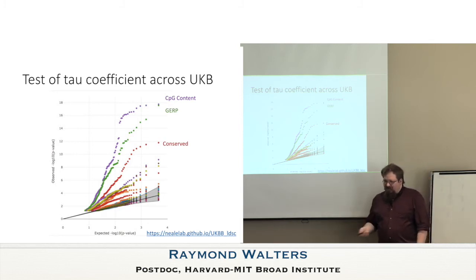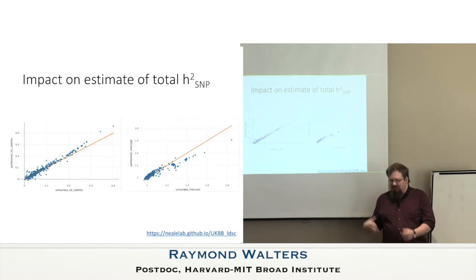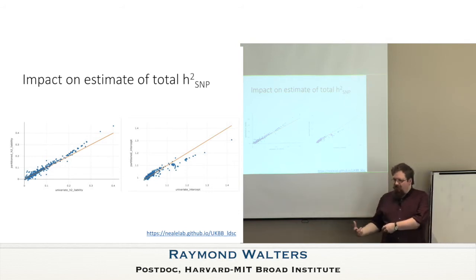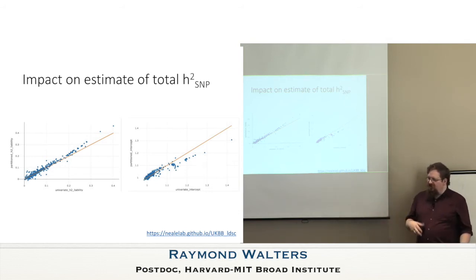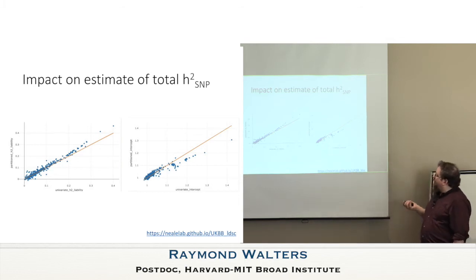And that's perhaps meaningful in the sense that one of the ways we motivated the partitioned results is that this is generalizing to get away from some of the simplifying assumptions we made in the univariate model. So one thing that's perhaps noteworthy is, if we take the partitioned LD score approach on the phenotypes and compare it to if we had done just the univariate version without accounting for these annotations, and see what differences we would see in terms of our estimate of SNP heritability and our intercept, what we find is that things are highly consistent.